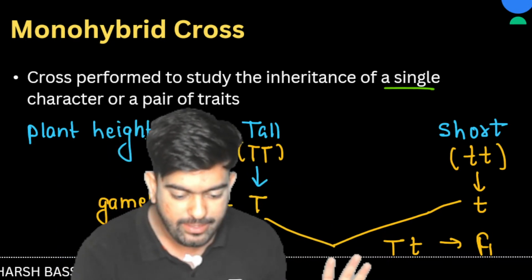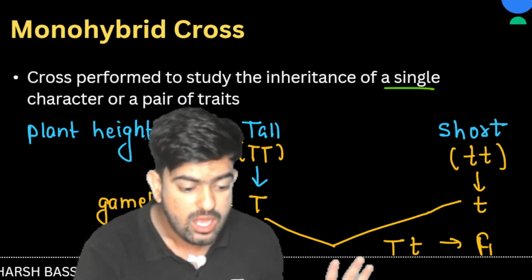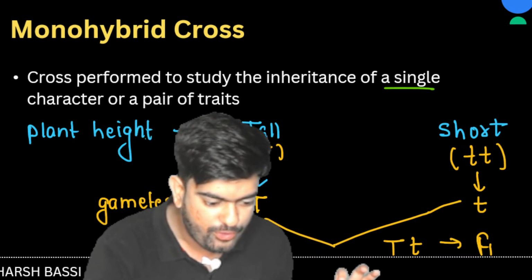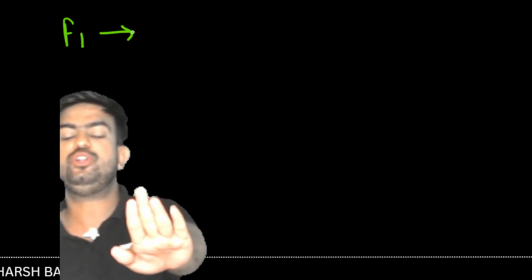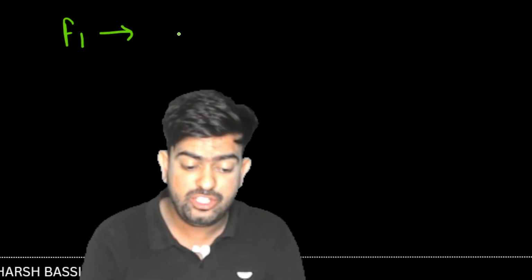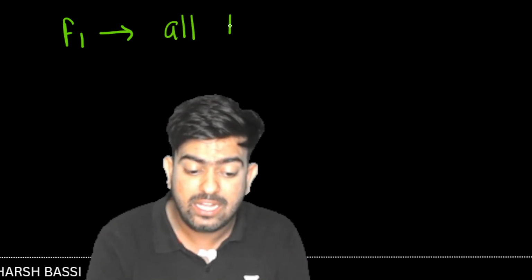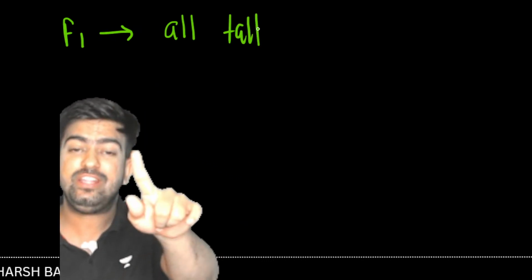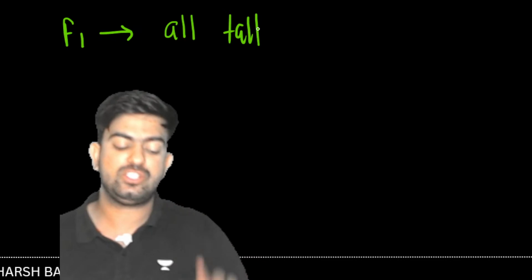And in the monohybrid cross, we got a ratio, and that ratio was 3:1. So in the F1 generation, all the plants were tall. Yes or no? Yes. In F1 generation, all the plants were tall.